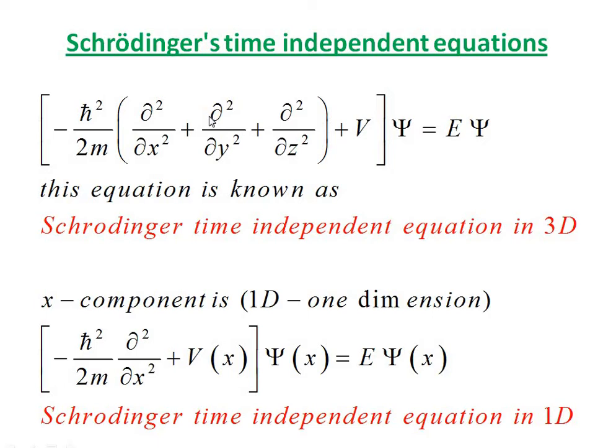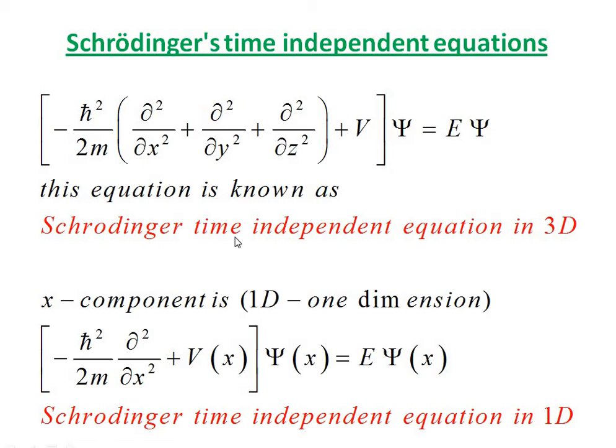Now this equation is known as the Schrodinger time independent equation in 3 dimensions. Since we are dealing with xyz directions, the differential equation is in 3 dimensions, and there is no time term in this differential equation.